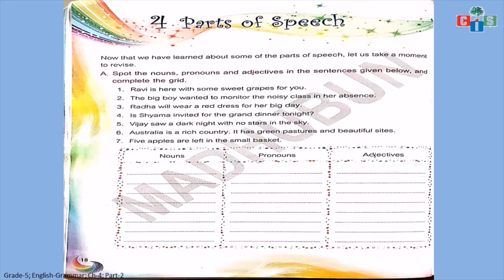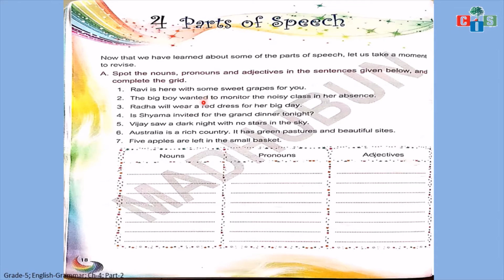Okay, exercise A of 4th chapter: spot the nouns, pronouns and adjectives in the sentences given below and complete the grid. So what you have to do in this exercise: first you have to read all sentences very carefully, and then you have to spot, means find out, nouns, pronouns and adjectives in each of the sentences.